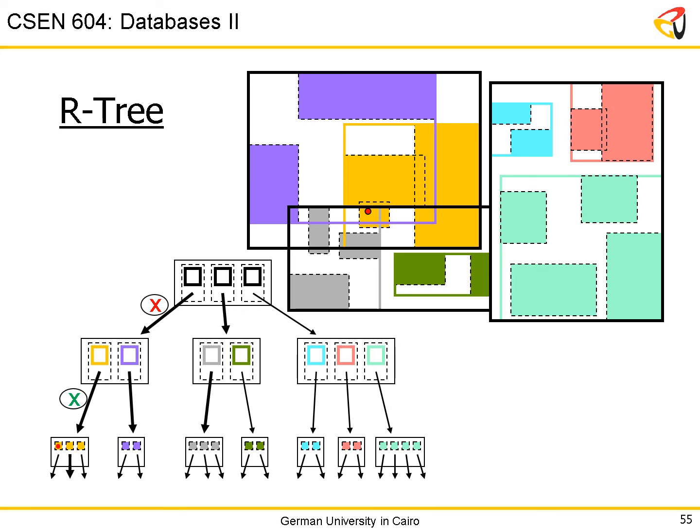Now, this red dot has a coordinate, longitude and latitude, or x and y. Okay, let's just work it simply with x and y. When I ask, starting at the root, about where this could be, just like what I did with a B+ tree, I'm given a value and I have to decide, should I follow the first arrow or the next arrow or the third arrow at the root level. I am doing here a containment check. I'm saying, okay, does this exist within this bounding box, or within that bounding box, or within the third bounding box?